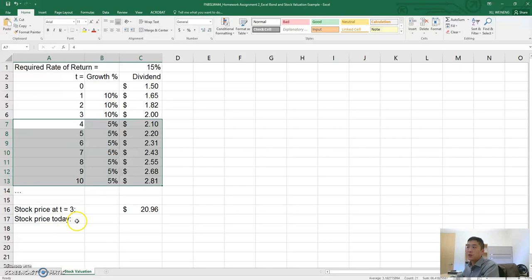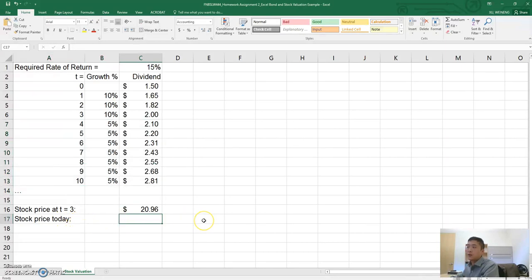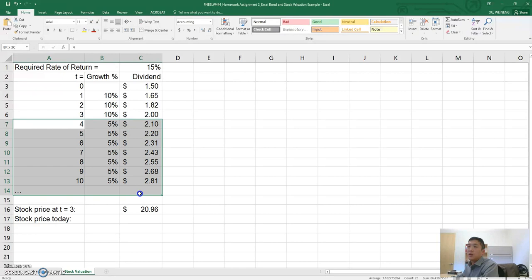Okay, now this is not our final destination because what we are trying to do is to figure out what's the stock price for today. Okay, so now what we are doing is essentially to value the present value of a sequence of cash flow. And this sequence of cash flow can be regarded as a cash flow that only lasts for 3 years, or say 3 periods, because we are essentially reducing all cash flow beyond year 4 to one single number, which is $20.96.